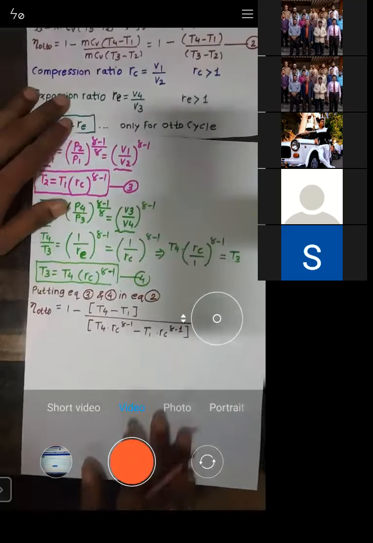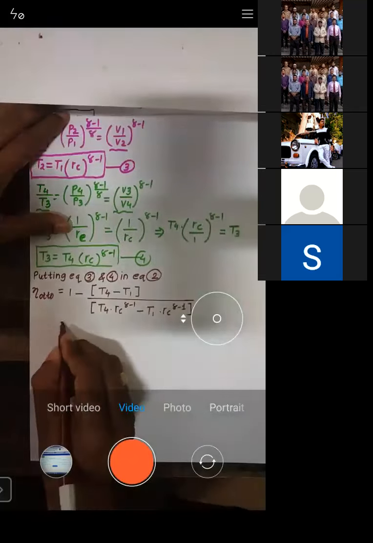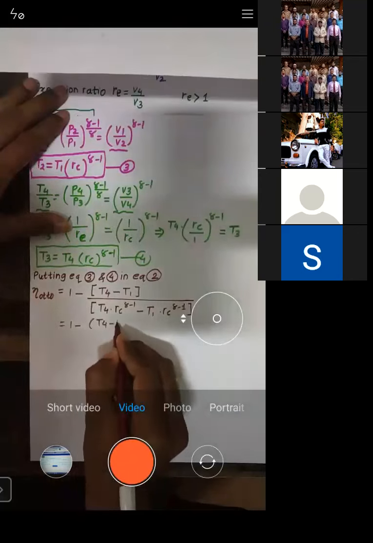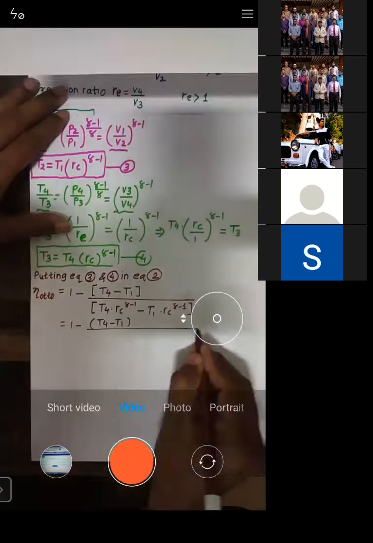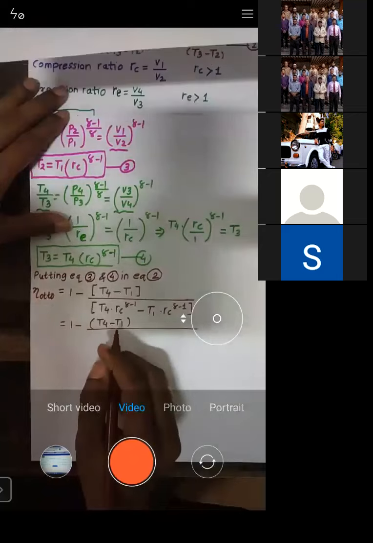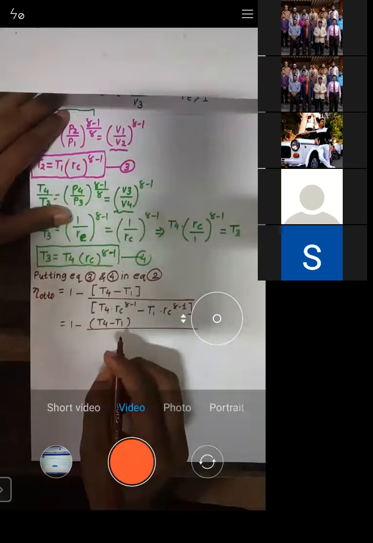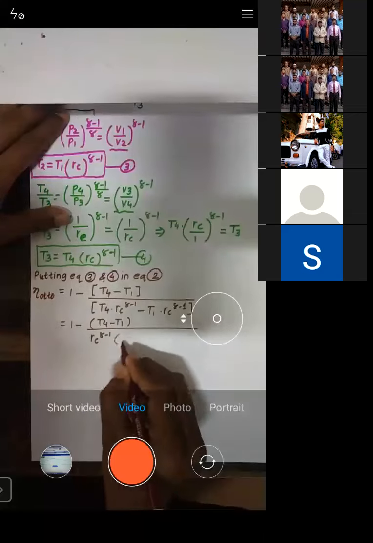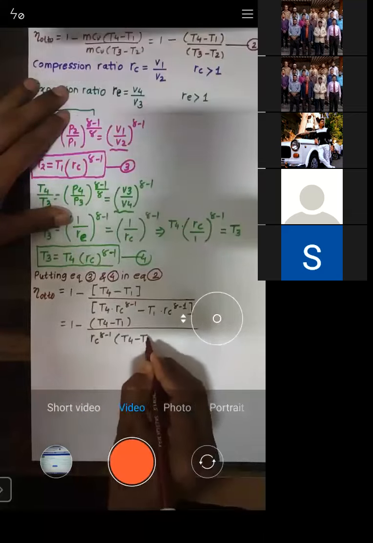Right. Now let us solve this one. So what we'll get? We'll get 1 minus, in the numerator T4 minus T1 is already there. In the denominator also, when we take RC raised to power gamma minus 1 common, what is remaining? T4 minus T1 is remaining, right?